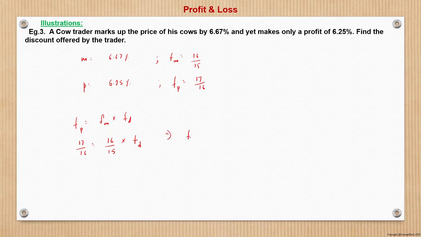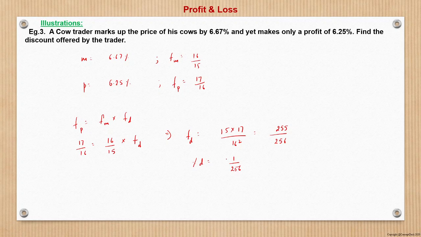So from here Fd is nothing but 15 into 17 by 16 square, and 15 into 17 is 255, and 16 square is 256. So the percentage discount, that is 1 minus 255 by 256, will be 1 upon 256, right?